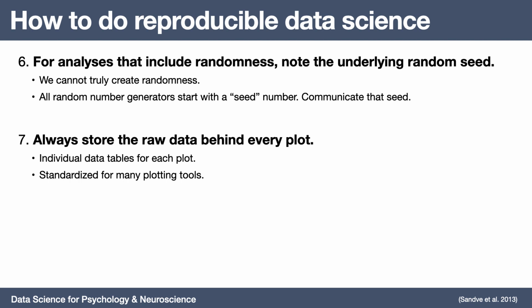Now, many modern plotting tools in Python and R actually store the data behind the plot. So if you want to make a scatter plot of 100 points across two variables, embedded in the saved plot itself will actually be the arrays for X and Y. So you actually have that embedded into the plot. And so a lot of modern plotting software will do that for you. But if you're not, be sure you can save that.